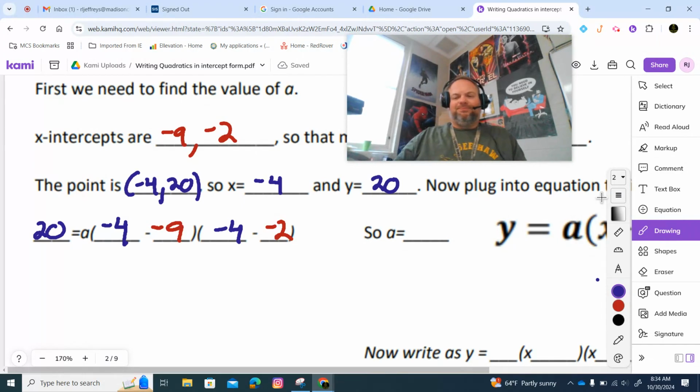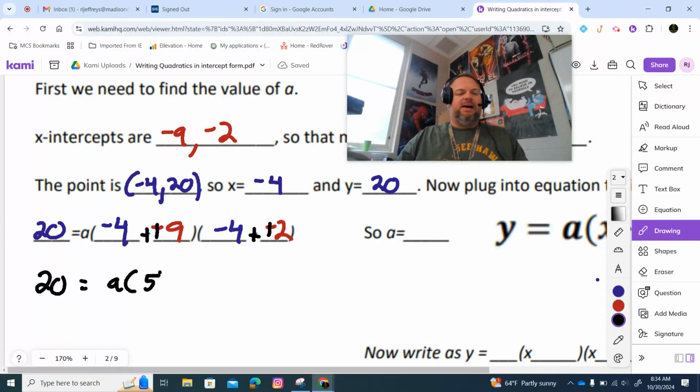Now, so let's do this. So minus and negative, this is a positive, right? And this is a positive. So this ends up being A times 5 times -2.